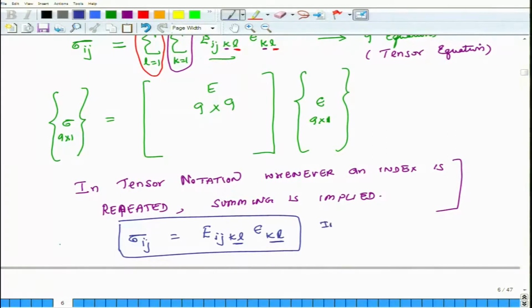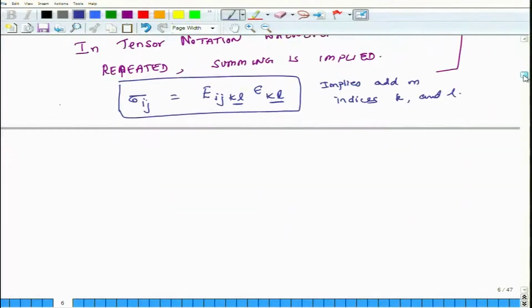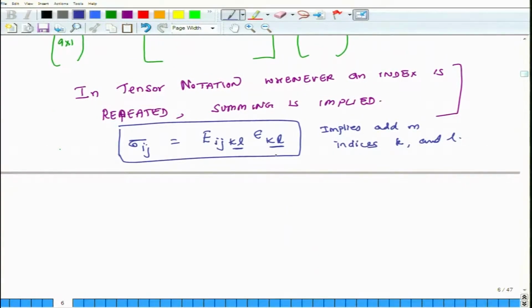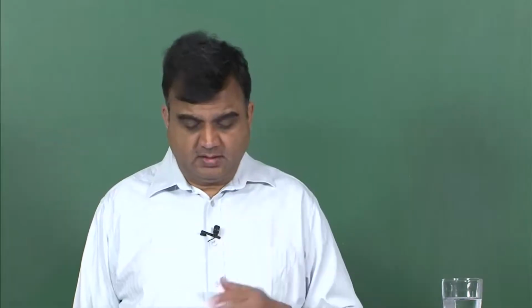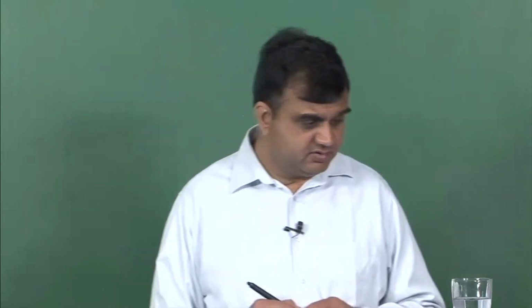So, it implies add on indices k and l. We do not have to explicitly put these symbols for summation. In books where they use tensors, you will always find this kind of notation, and you will not find the summation symbol, because if an index is repeated, it by default implies that the thing is added up.